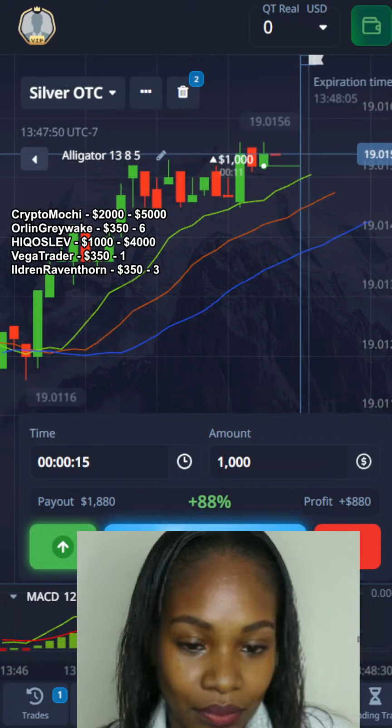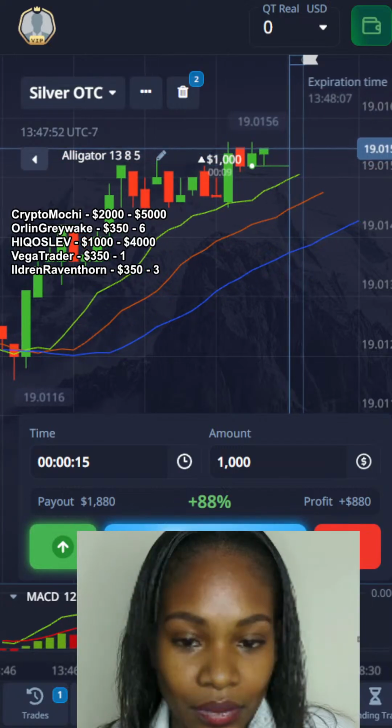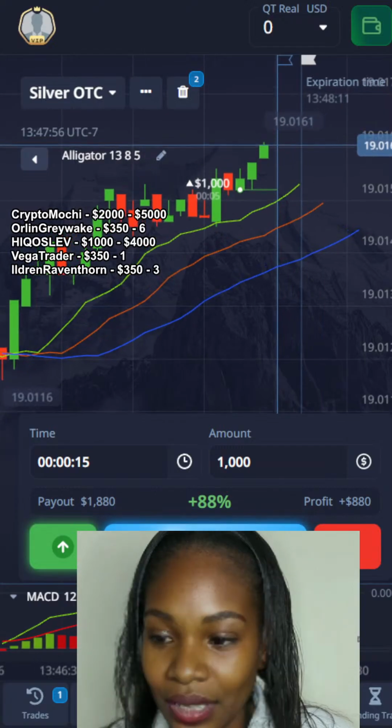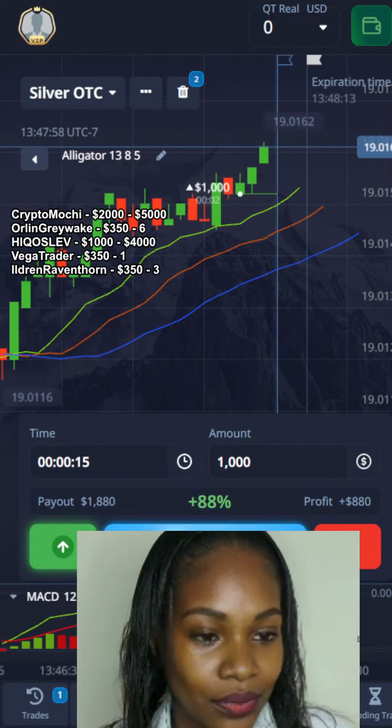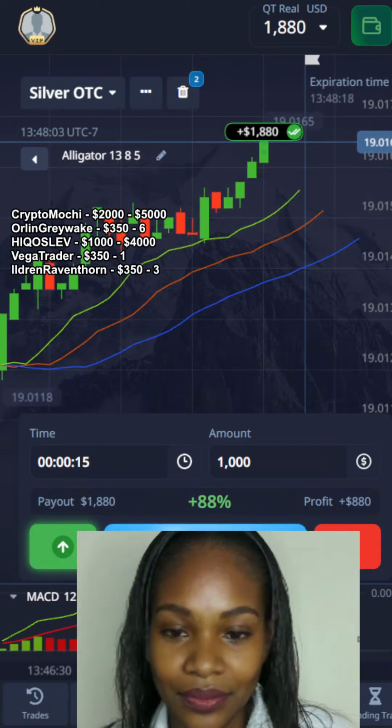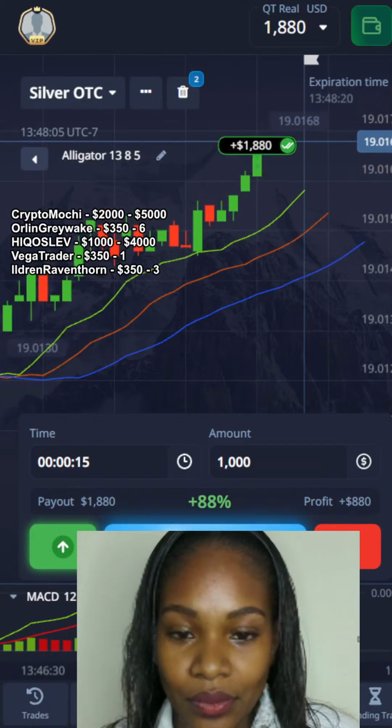Okay, we are into it, but remember, we are looking at a take profit of 4,000 US dollars. All right, that is our first attempt.